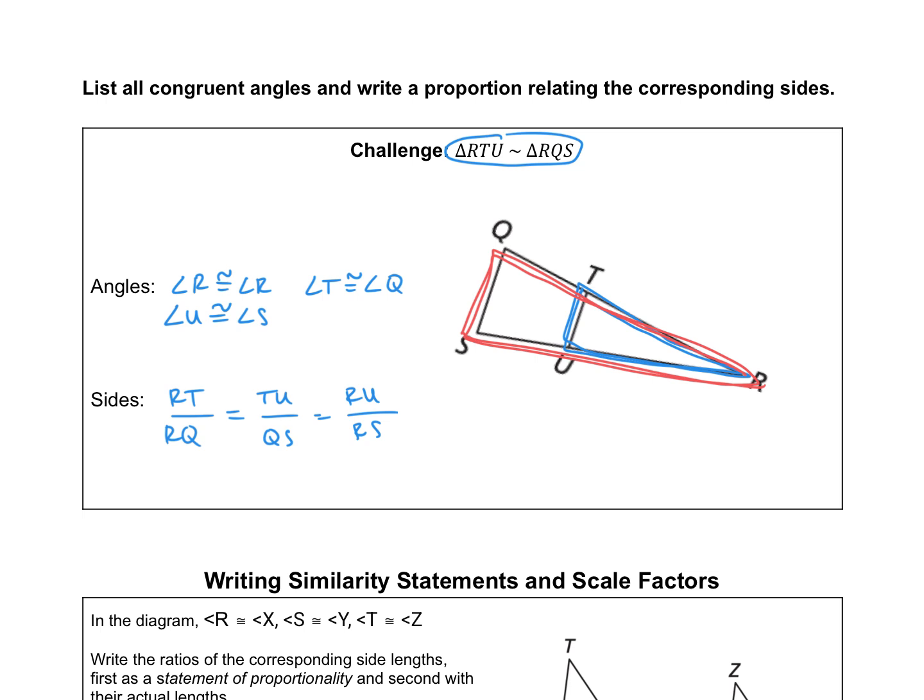When we blew it up, the sides changed by the same number, maybe they doubled, but all of the angles stayed the same. So if we wanted to mark those angles that were congruent, if you could do this with me, please. Angle R is congruent to itself. Angle T is congruent to angle Q. And angle U is congruent to angle S.